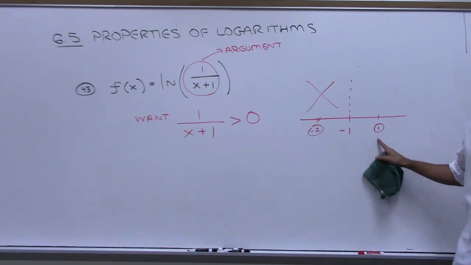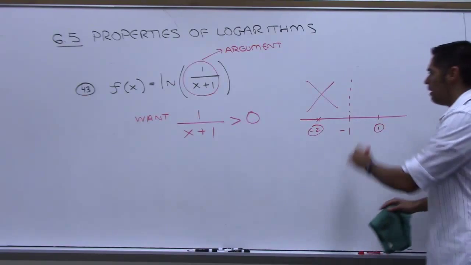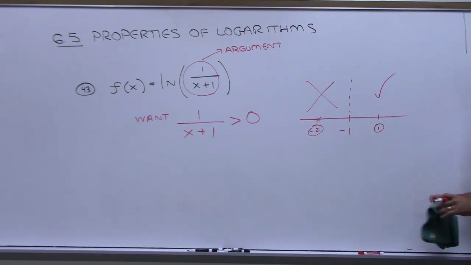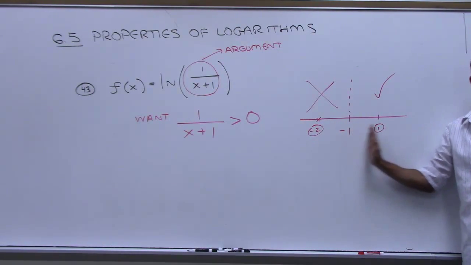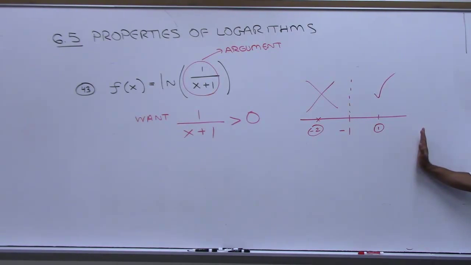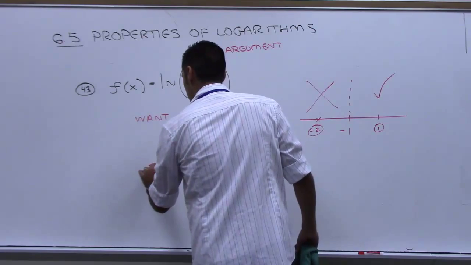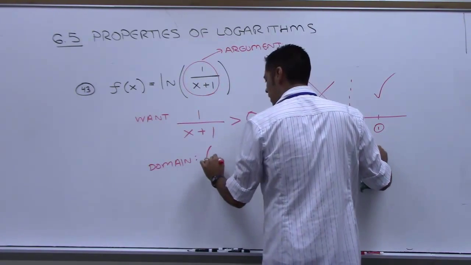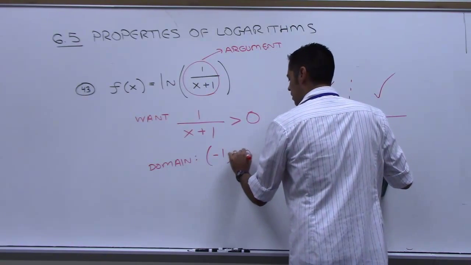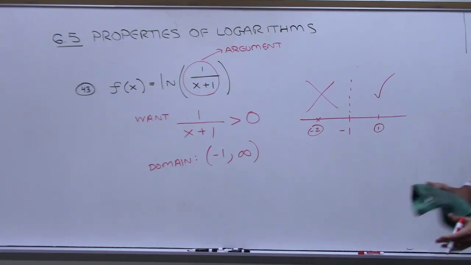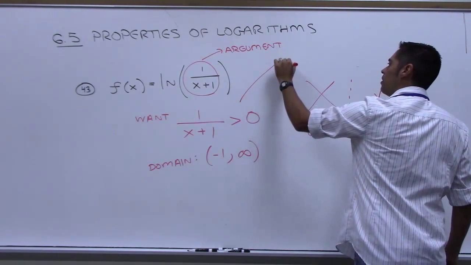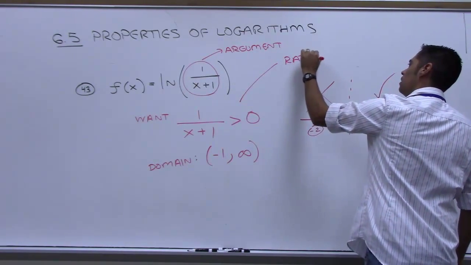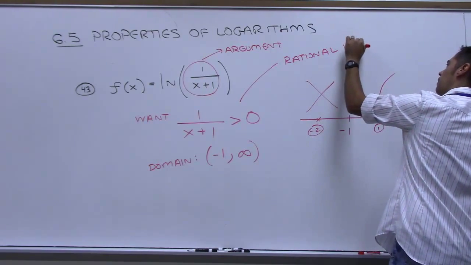We plug 1 in. Will 1 work? Yes, it does. So everything over here does work. That means everything from negative 1 to the right forever is going to be good for us. So our domain will be everything from negative 1 to infinity. Just remember that if you need to go back in your notes and look, this is called a rational inequality.